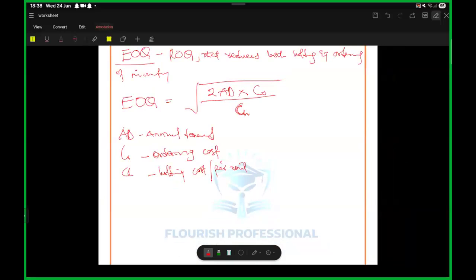So we are told that Bobo Tyler Limited normally purchases 2,500 liters per month. So the total demand is given as 2,500 per month, but we want it annual. The AD is annual demand, so we have to multiply it by 12. You'll be looking at the nature of the question.